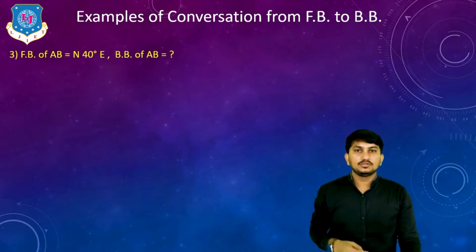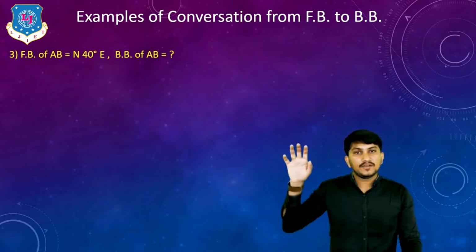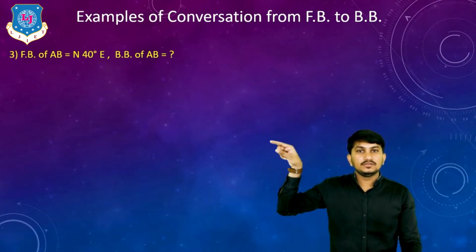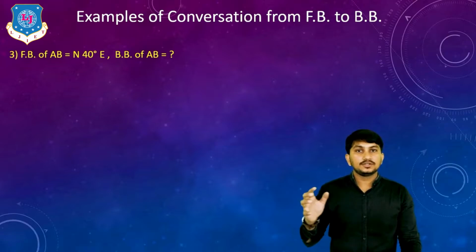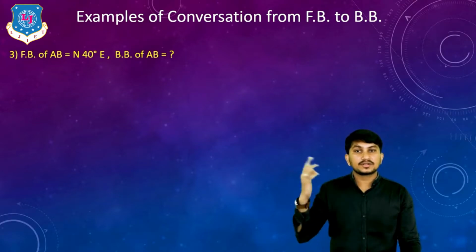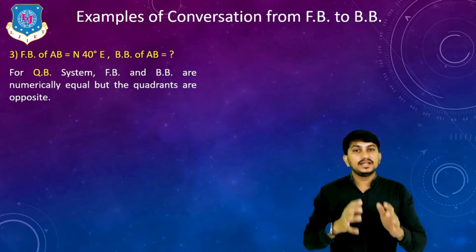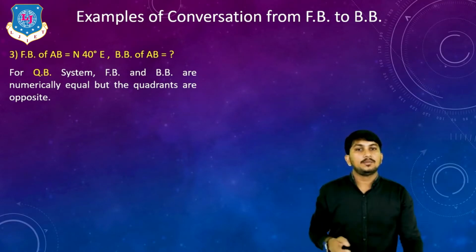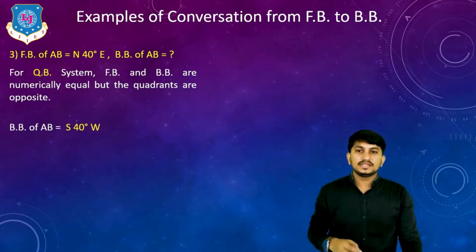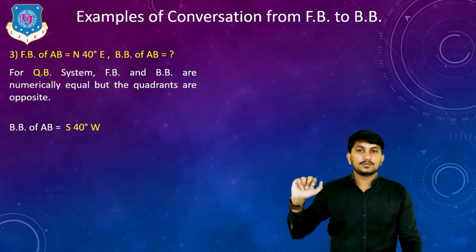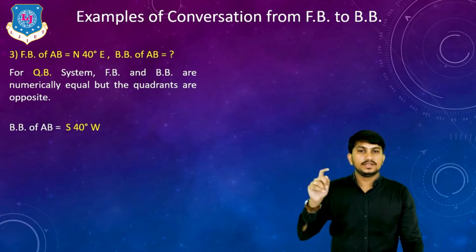The FB of AB is equal to north 40 degree east. What will be the BB of AB? Here the value of FB is in the QB system, because the value is from 0 to 90 degrees and has quadrants. So for the QB system, FB and BB are numerically equal, but quadrants are opposite. So BB of AB is equal to the same value, 40 degrees, but the quadrants are opposite: north to south, east to west.